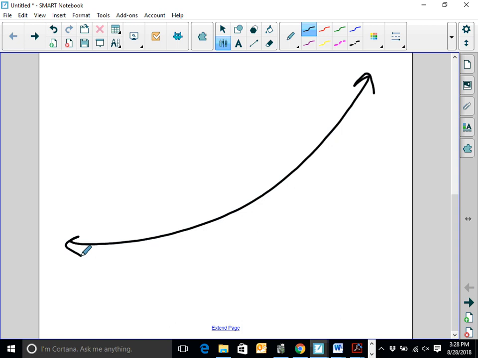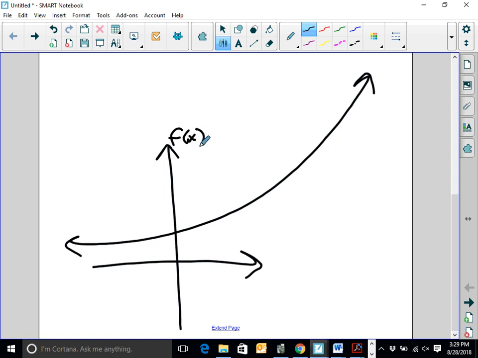we can just put our xy axis over here. And make that go just a little bit farther here.